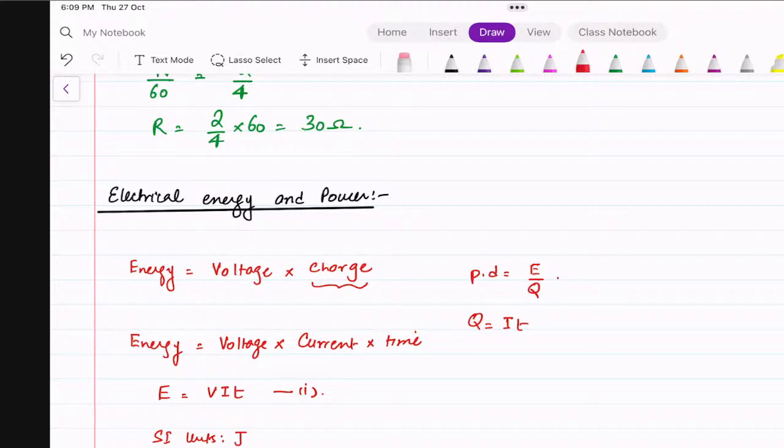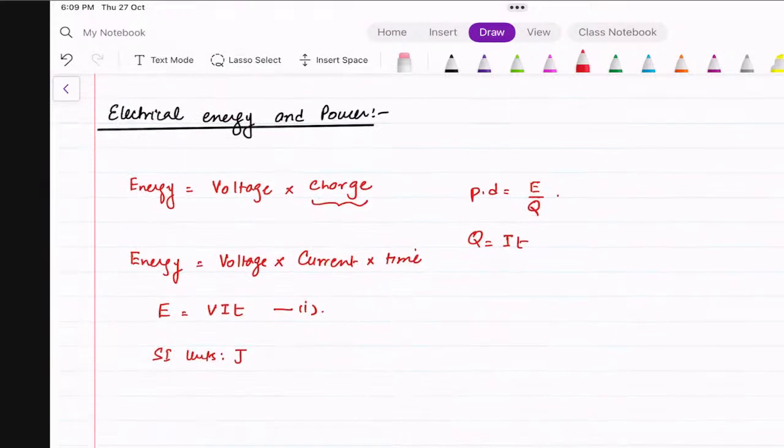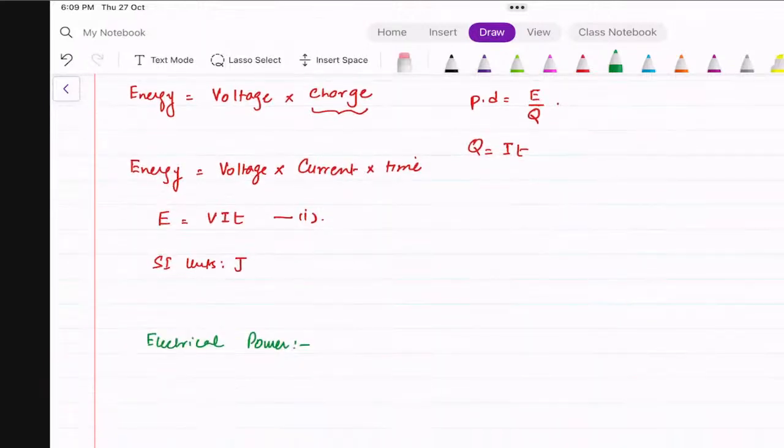And with that said, we can go to electrical power. So for electrical power, we could use the same formula. We can say power is equal to energy per unit time, whereas we've just learned that electrical energy is V, I and T. So we can put it back.